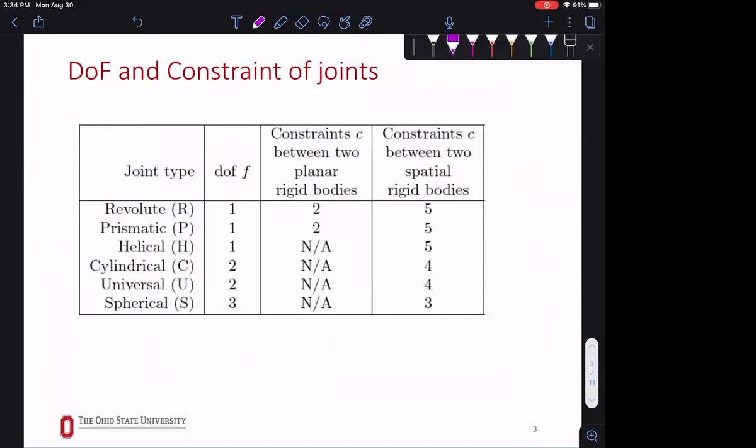So this is a more detailed table. Basically, the same joints are here with the degrees of freedom, and now there are 2 columns. Column 1 says constraint between 2 planar rigid bodies. Only the first 2 have numbers in them. The other 4 say not applicable. What does that mean? Why?